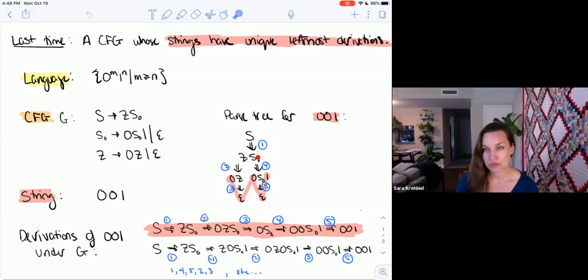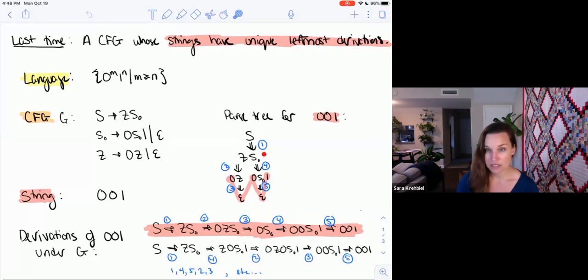The only substitution rule we can apply initially is this first rule, because this is the only rule that has the start variable on the left-hand side. And now for Z, we have 2 options for what to replace Z with. But if we send Z to epsilon, then we're not going to be able to generate this extra 0. So we're going to have to replace Z with 0Z, and then eventually replace Z with epsilon.